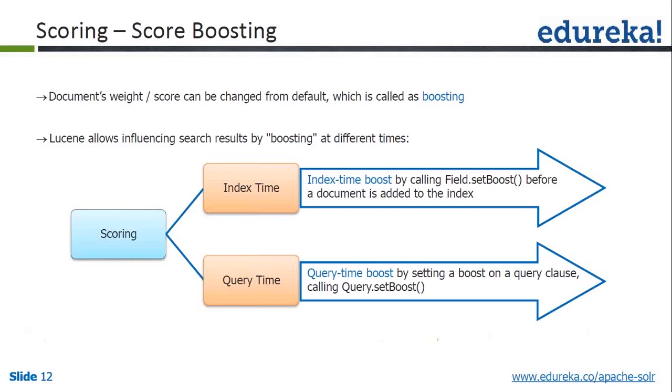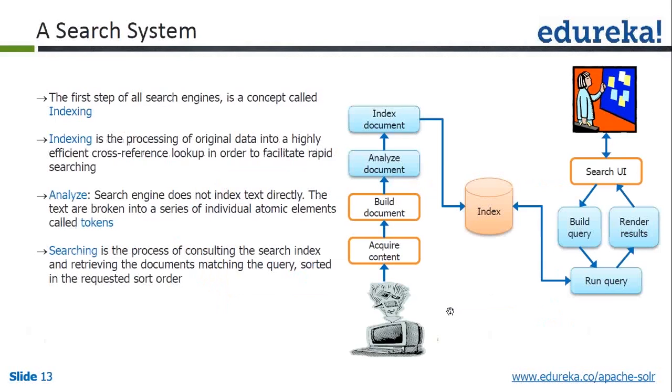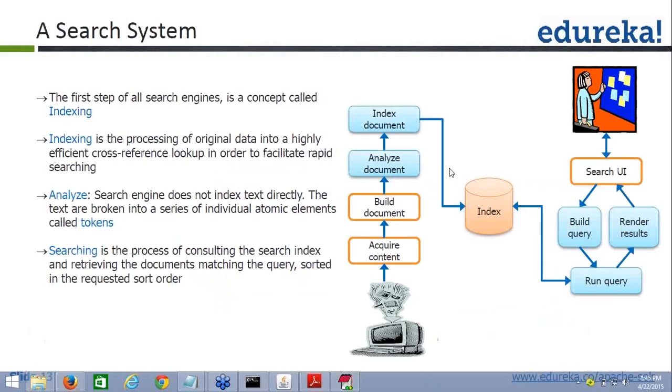So Lucene allows influencing search results by using boosting at the time of indexing and at the time of query as well. This is going to affect the score of that document, and hence affects the position of that document in the search results. Yeah, I hope the idea is clear. Anyone has got any confusion about this?